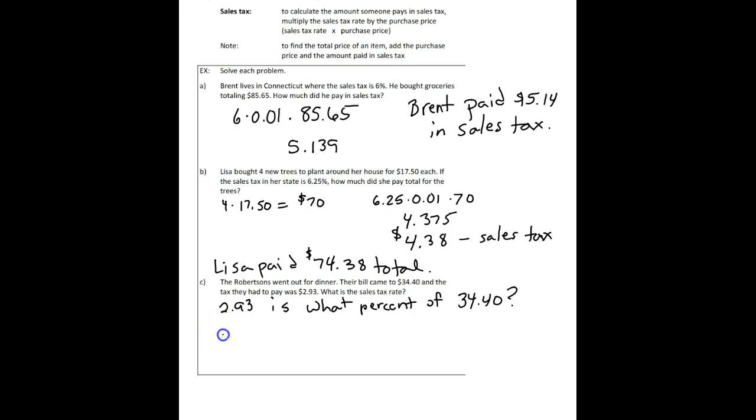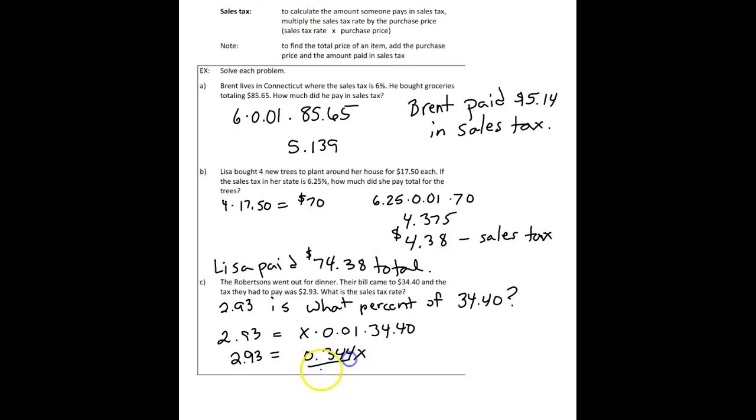I'm going to write it as an equation. 2.93 is X percent times 0.01 of, meaning multiply, 34.40. And when I simplify, I get 0.344x.